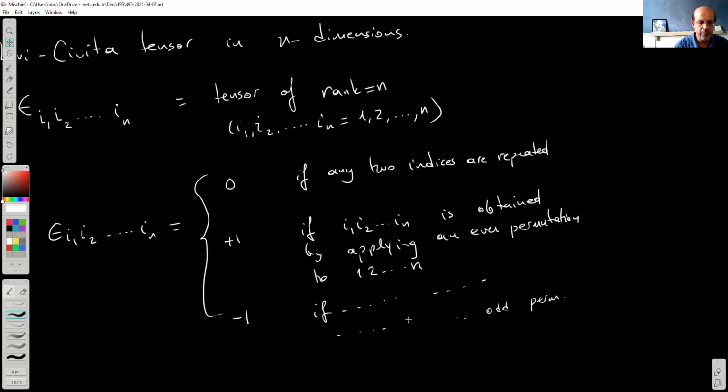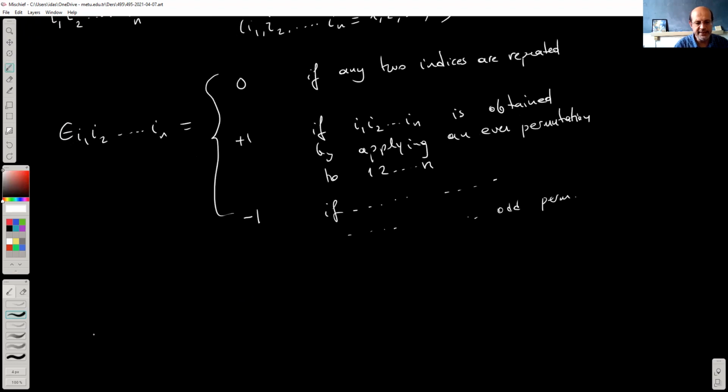Okay. In any case, what I'm going to say is this: the Levi-Civita tensor in that case is equal to the signature of the permutation, where F is the permutation that permutes all of these numbers in that way.